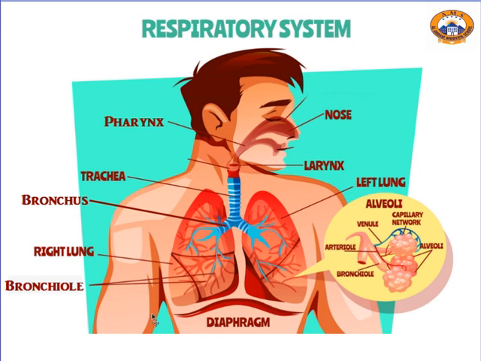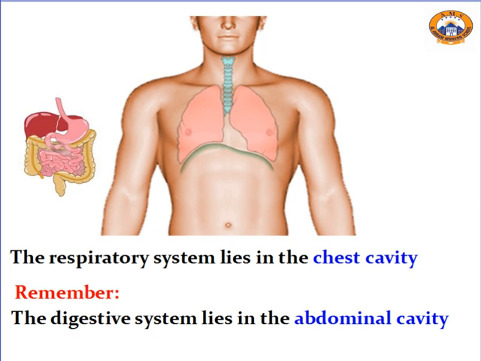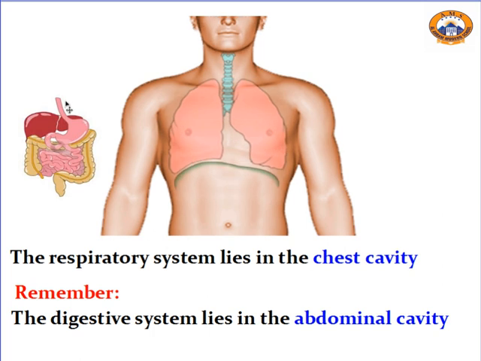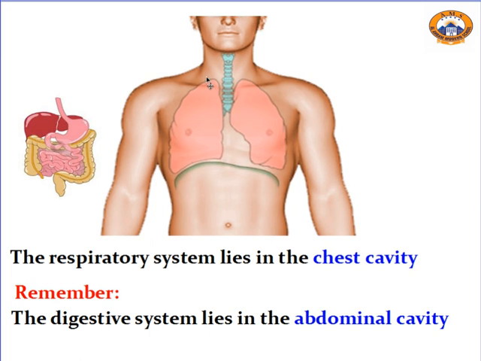The last part in the respiratory system is a muscle known as the diaphragm. We are going to talk about each organ in the respiratory system in detail. But let me ask you first, where do you think your respiratory system exists in your body? We knew from lesson 1 that there was a cavity known as the abdominal cavity where most of the digestive organs lie. There is another cavity which is present above the abdominal cavity.